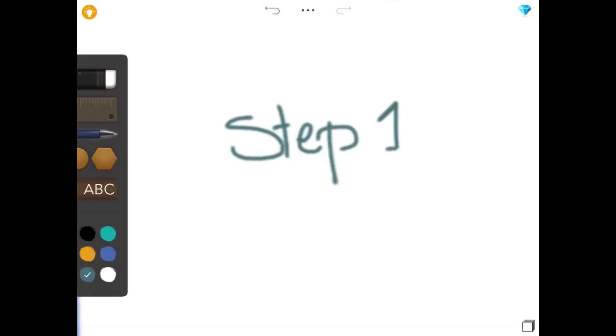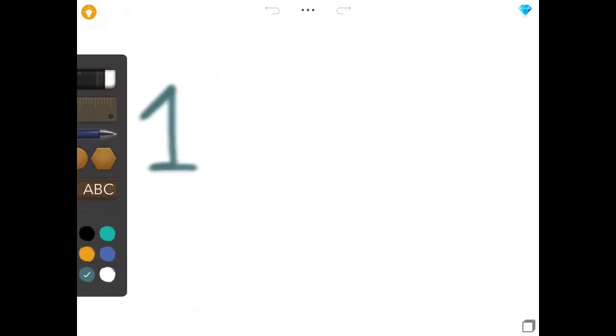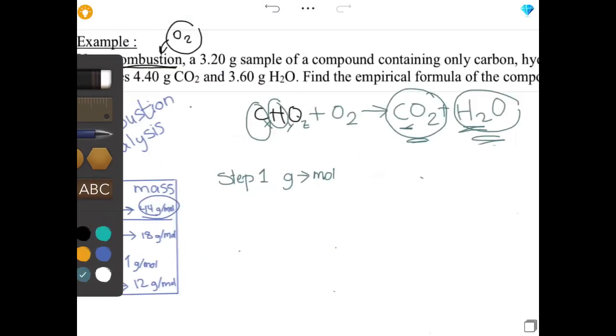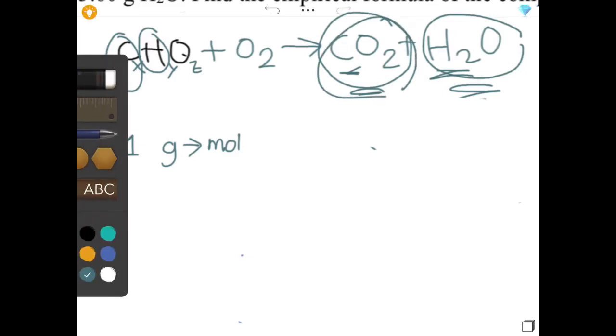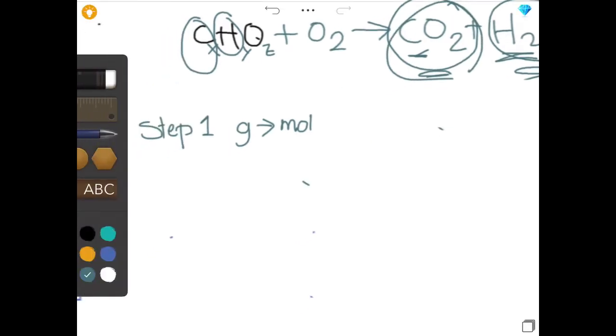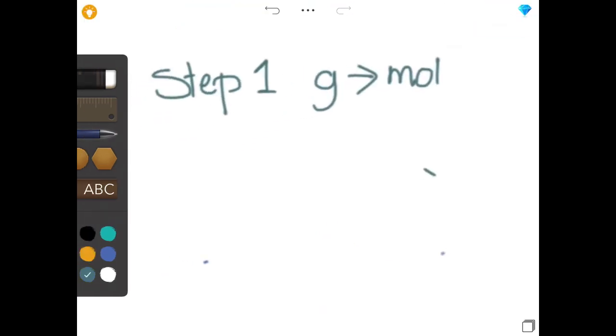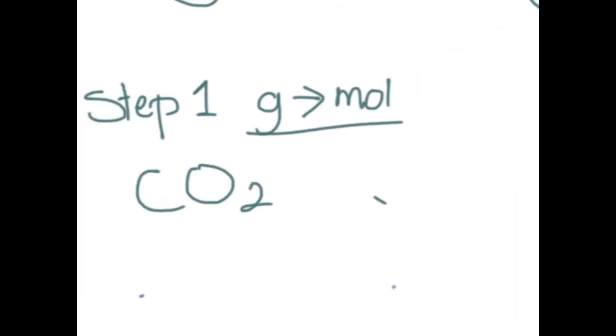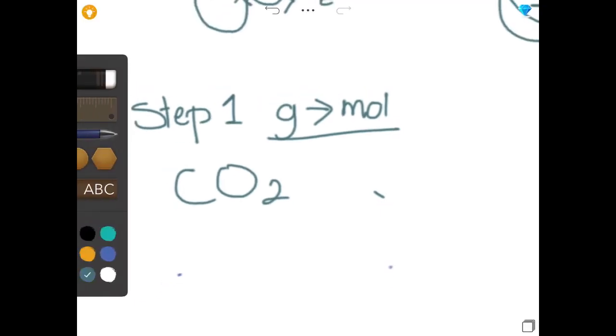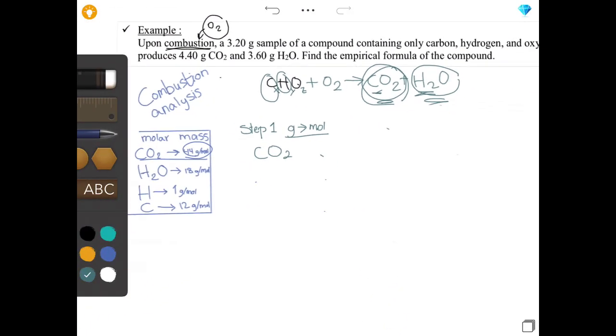Step 1, you change gram to mole. Let's start with CO2 to find x, or the mass of carbon. To change gram to mole, you need to divide by molar mass.